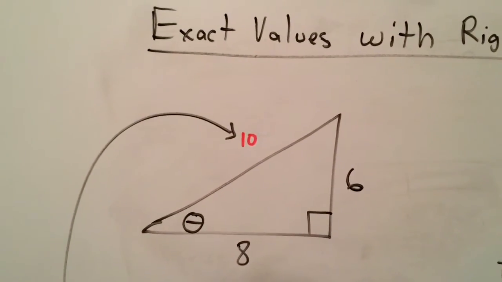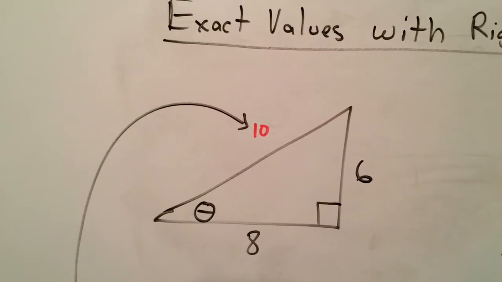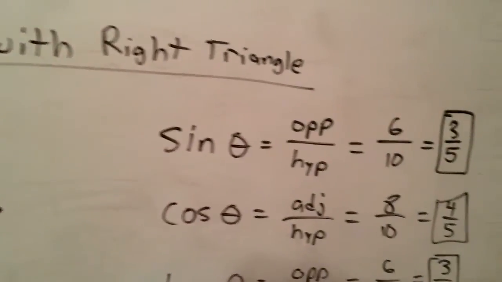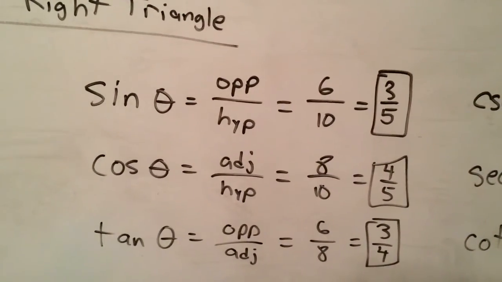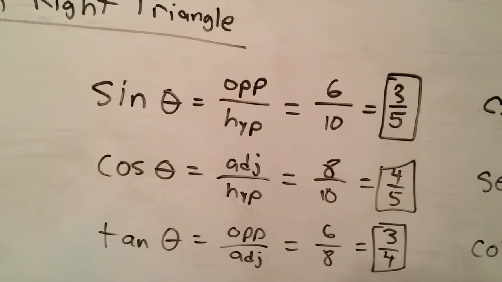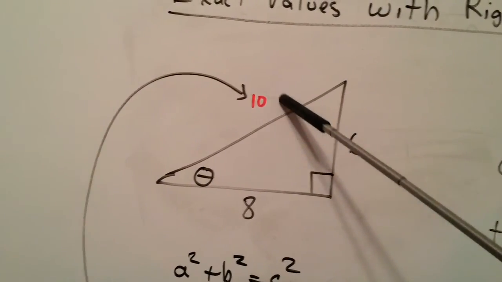So now, to calculate the 6 trig functions, we use our SOHCAHTOA type relationships. For example, we know that sine is the opposite over the hypotenuse. On this triangle, the opposite side from the angle is 6, and the hypotenuse is 10.